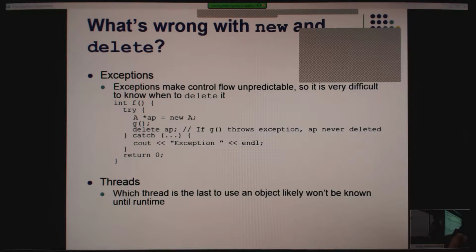And you'd probably never notice anything wrong in a code review, but what could happen is if G throws an exception, then the object will never get deleted. Probably won't happen enough to cause any problem in QA, but finally, one time in production, there'll be some error condition that's hit repeatedly, and you end up leaking a lot of things.